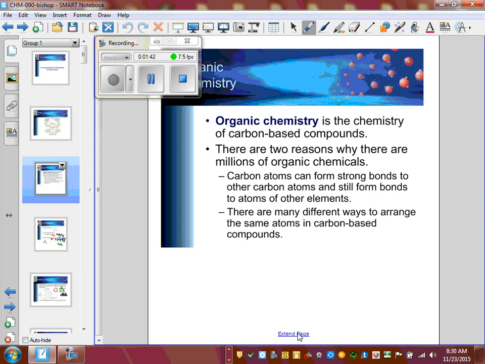For example, let's just look at carbon and hydrogen. I start with 4 carbons. I put in hydrogen. Carbon has 4 bonds. I can have a compound that looks like this.